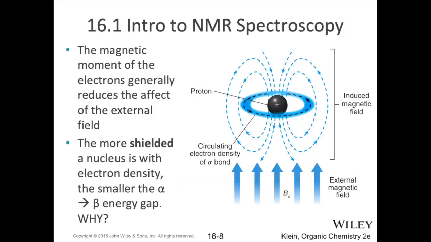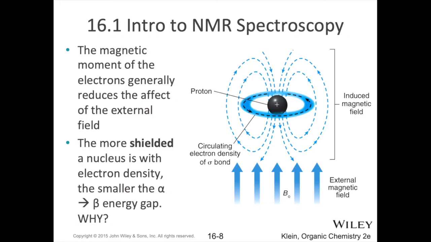So what affects this energy gap? Well, the energy gap between those alpha and beta spin states gives us a picture of how shielded that nucleus is. In other words, how much electron density is getting in between that nucleus and the surrounding magnetic field.